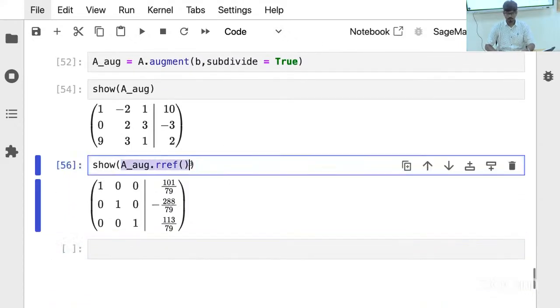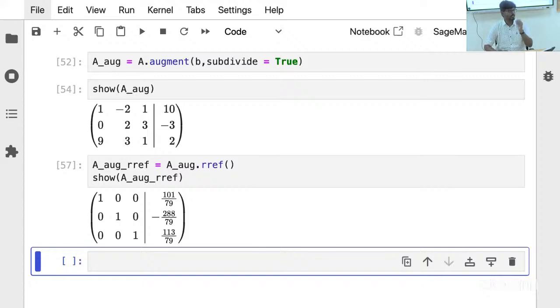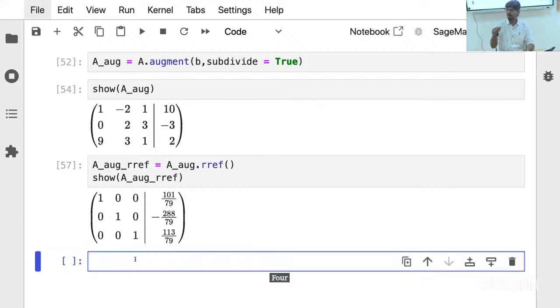For that, I'll first save it as A underscore RREF. I'm trying to make it so meaningful. This is the exact same thing. But I need only the fourth column of this matrix, because the fourth column of the matrix is the only solution over here, right?